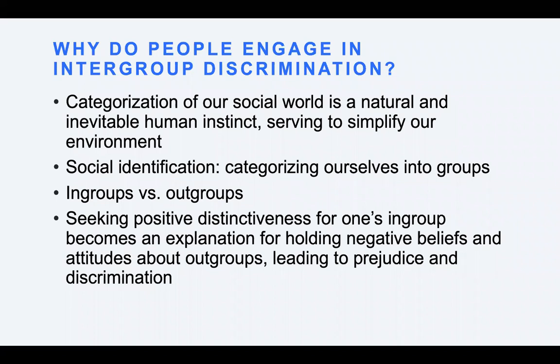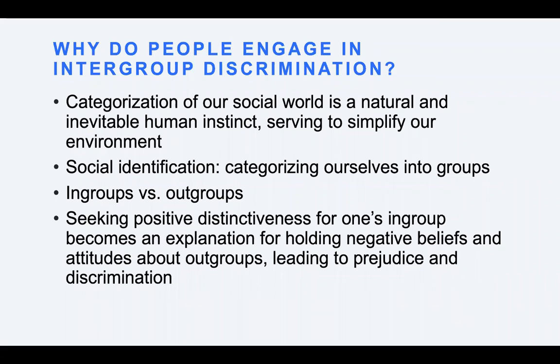We live in an overly complex world and we aim to simplify our environment. So we categorize ourselves and others into groups: in-groups and out-groups, groups that we belong to and groups that we don't belong to. So seeking positive distinctiveness for one's in-group becomes an explanation for holding negative beliefs and attitudes about out-groups, which leads to prejudice and discrimination.